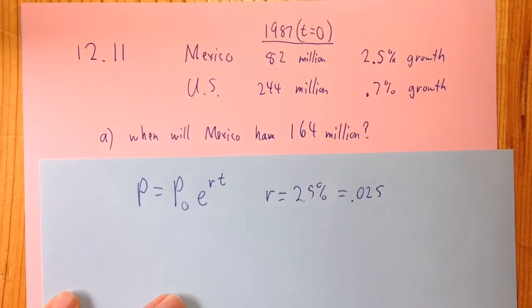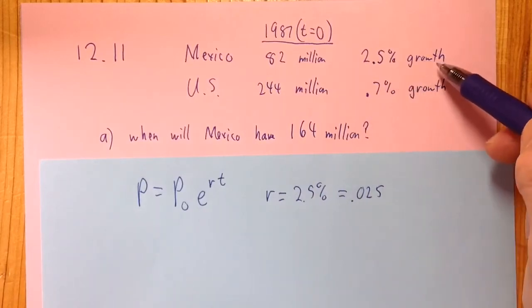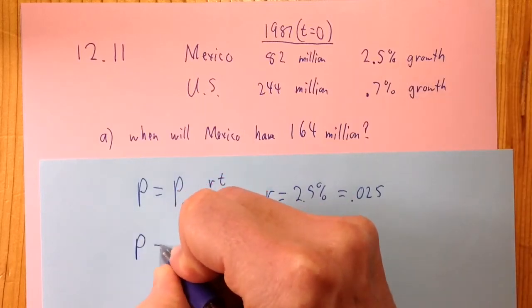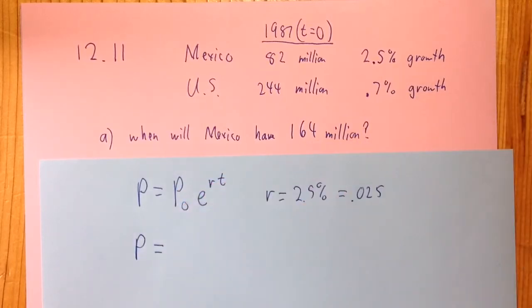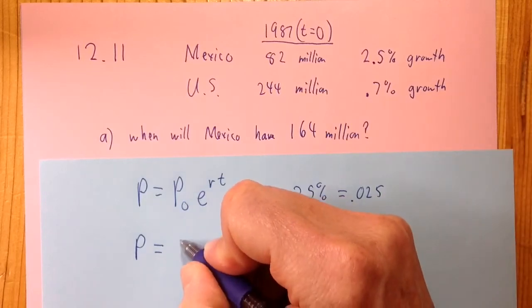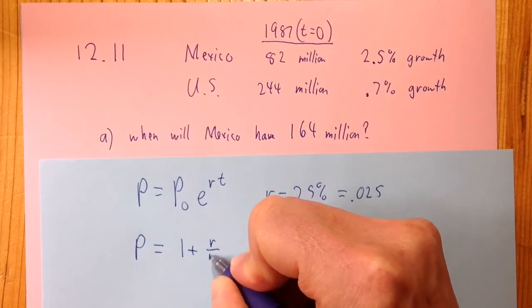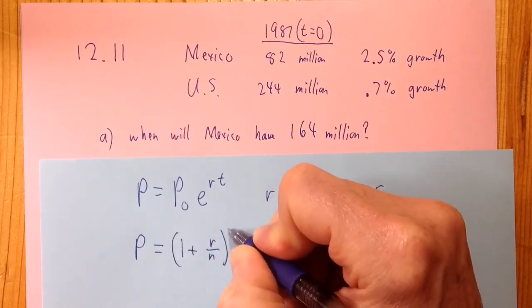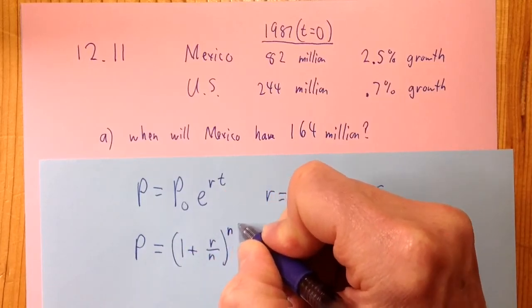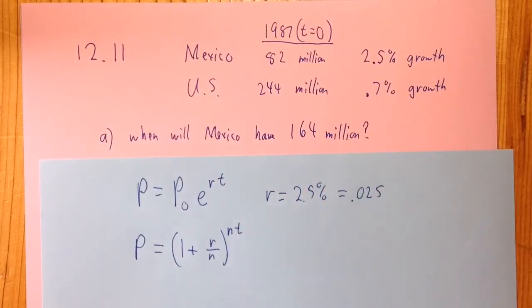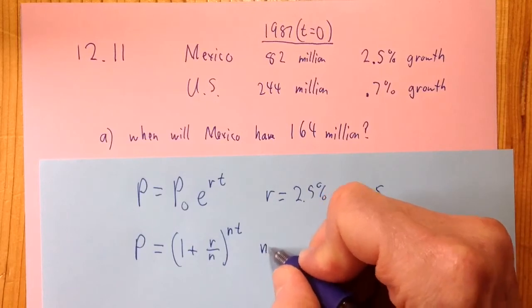If it was instead 2.5% more people at the end of the year, then you'd use the formula where basically you're compounding only once. And it's the formula where you have 1 plus the rate divided by the number of times they're compounding, to the nt power. And you'd use that formula with n equal 1.